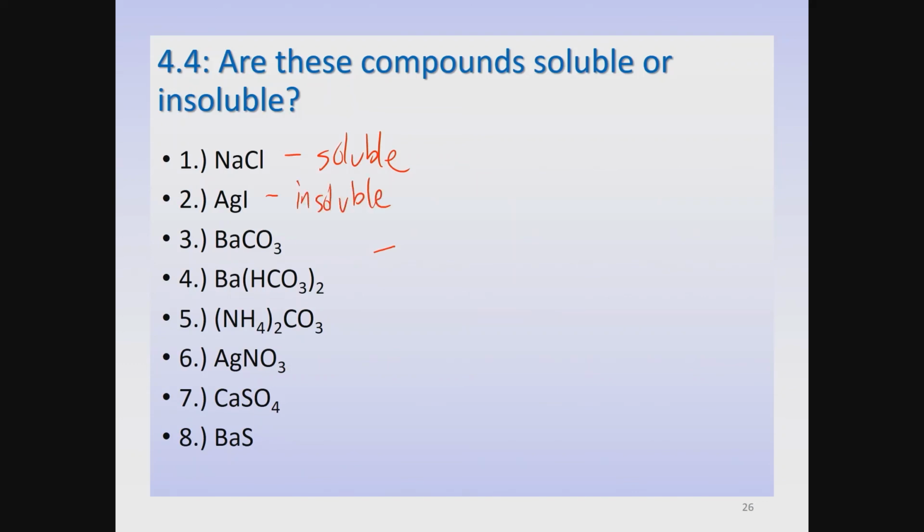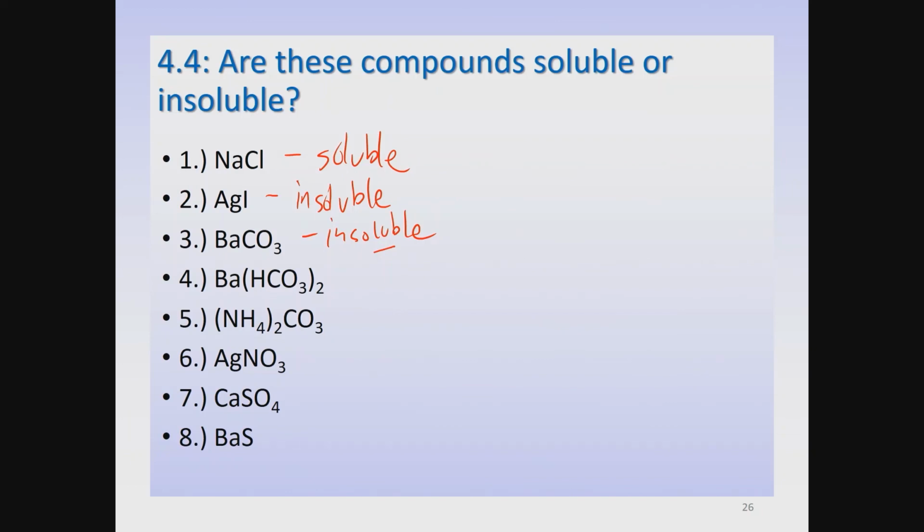Okay, barium carbonate. You might remember that carbonates are in the insoluble list unless they're bound to group 1 metals or ammonium. Is that the case here? No. We have a carbonate that's bound to barium, which is a group 2 metal, so this should be insoluble. Okay, how about barium bicarbonate? What you might recall about bicarbonate is that it is in the always soluble list, so it doesn't matter what the metal counterion is.